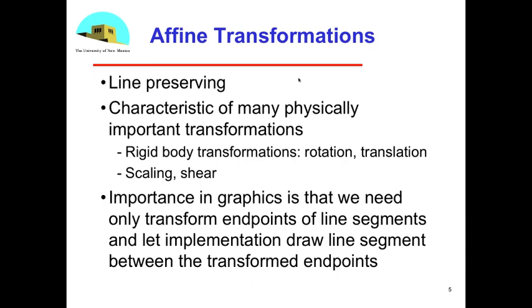Now, the other two really important transformations, scaling and shear, do in fact change the properties of that object. So, for example, if I scale something to make it bigger, longer in one direction and shorter in another, or uniformly larger or smaller, I've changed that object, and that still will be an affine transformation, but it will not be a rigid body transformation.